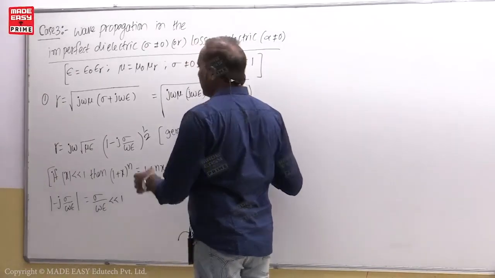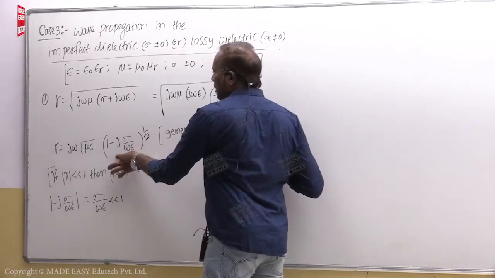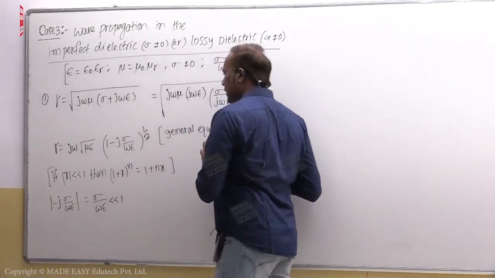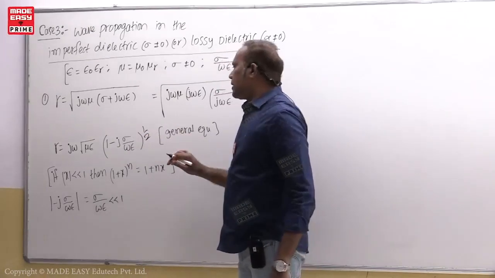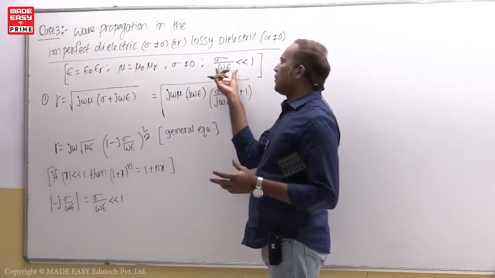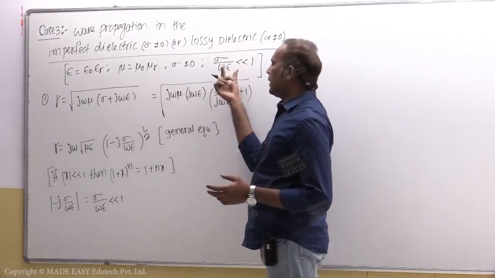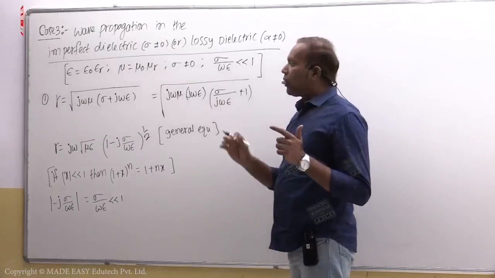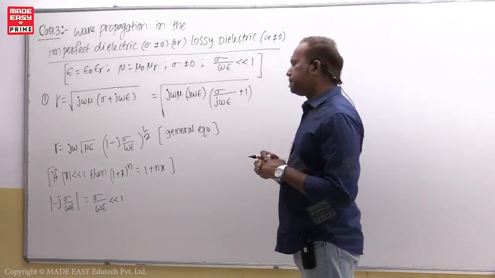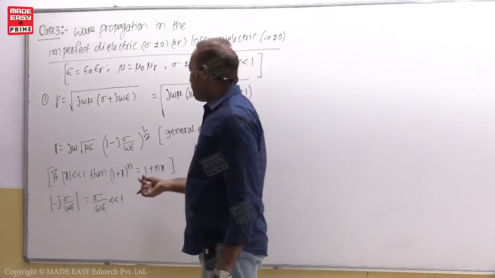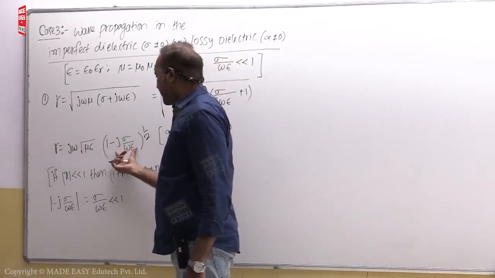You see, from this we got this one after doing some mathematics. In this general equation, if you substitute the condition of the imperfect dielectric, then we get the gamma equation for imperfect dielectric.